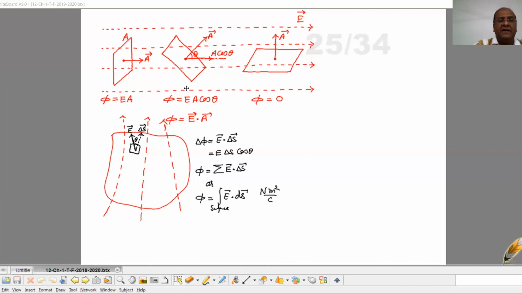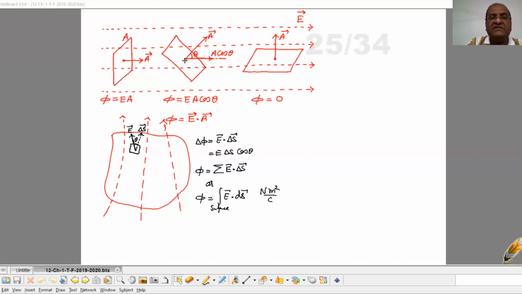Okay, but see, the surface is not always perpendicular to the field. Suppose the surface is a slanting one, meaning the area vector of the surface is at angle theta with respect to the electric field.